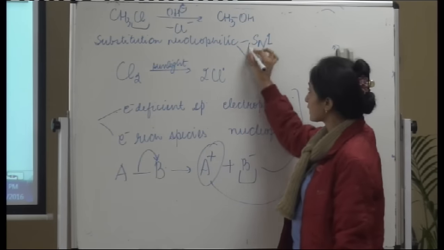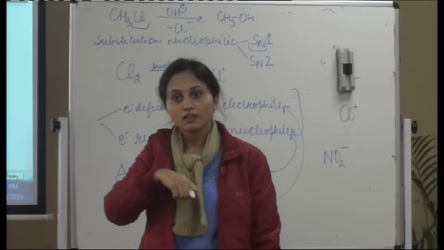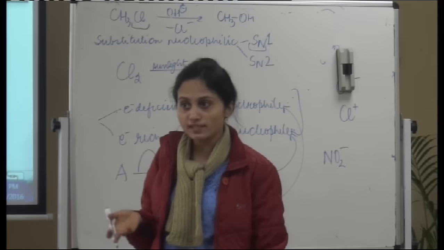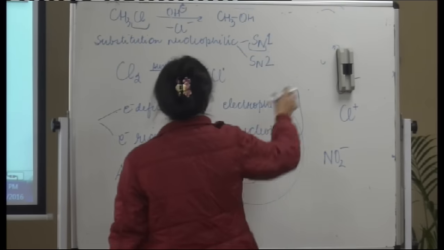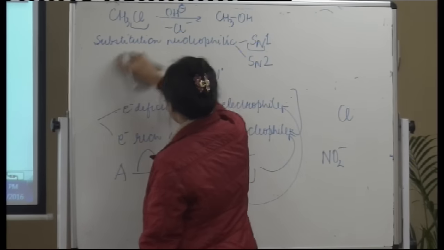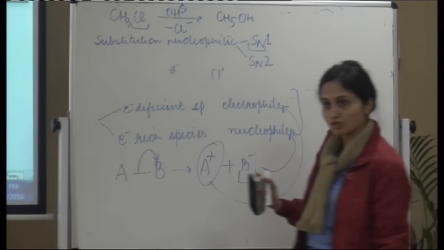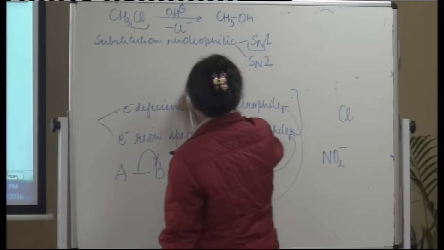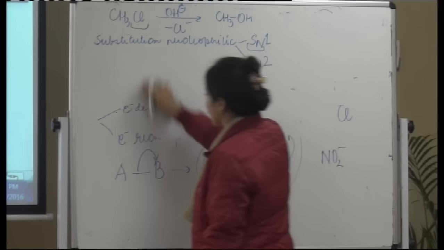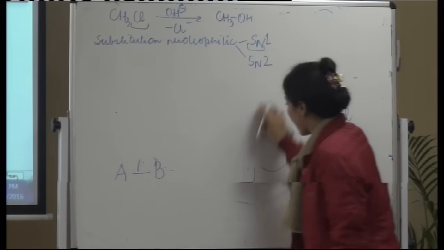Now the meaning of SN is clear: it is the substitution of one nucleophile with another nucleophile, so we call it substitution nucleophilic reaction. Now, in this we generally make use of some kind of heterolytic fission which is happening. Nobody asks you, but you should just know. So in this we are generating some kind of nucleophile from our reagent which is getting added.